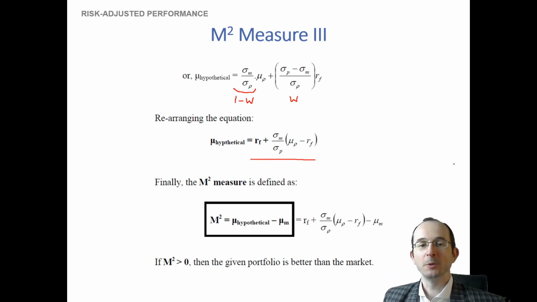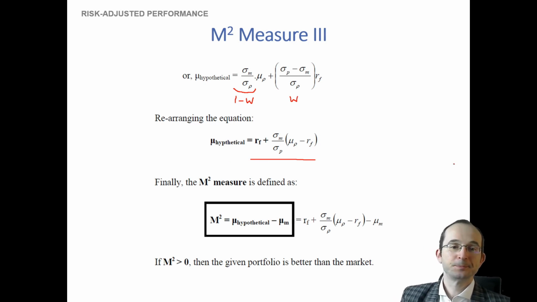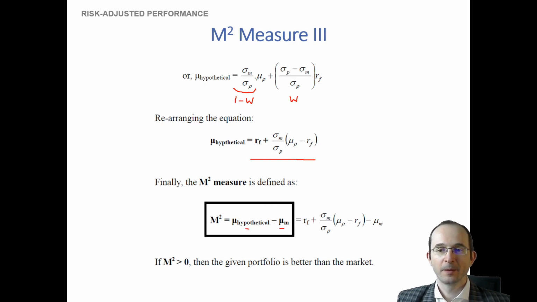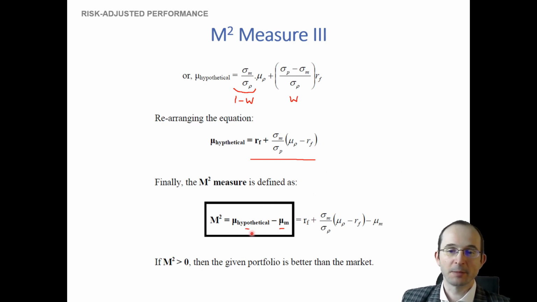to get this expression. And now what we're going to do is say that our M2 measure is literally the difference between the expected returns on our hypothetical portfolio minus the market portfolio, once we have risk adjusted the hypothetical portfolio already to be as risky as the market.